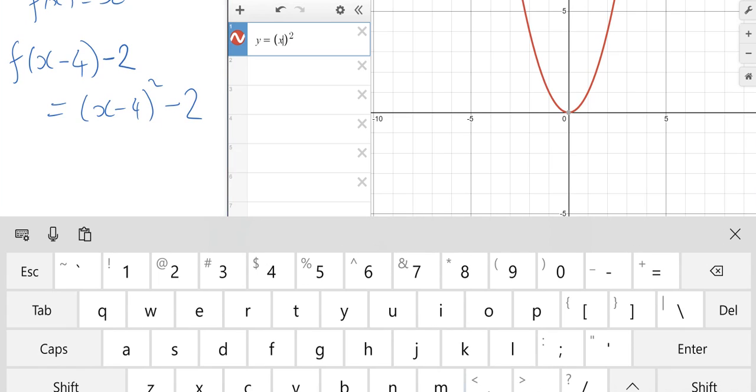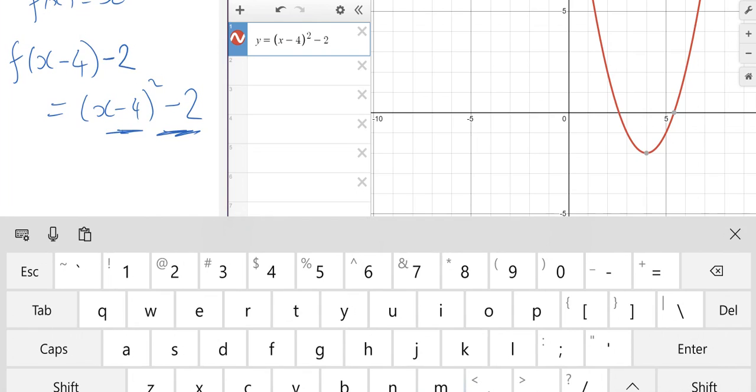Well, let's do it. We're going to have x minus 4, and then we've also got to just write in a minus 2, and there it is. Now, that minimum point has moved 4 to the right and 2 down. So it has done both things simultaneously.